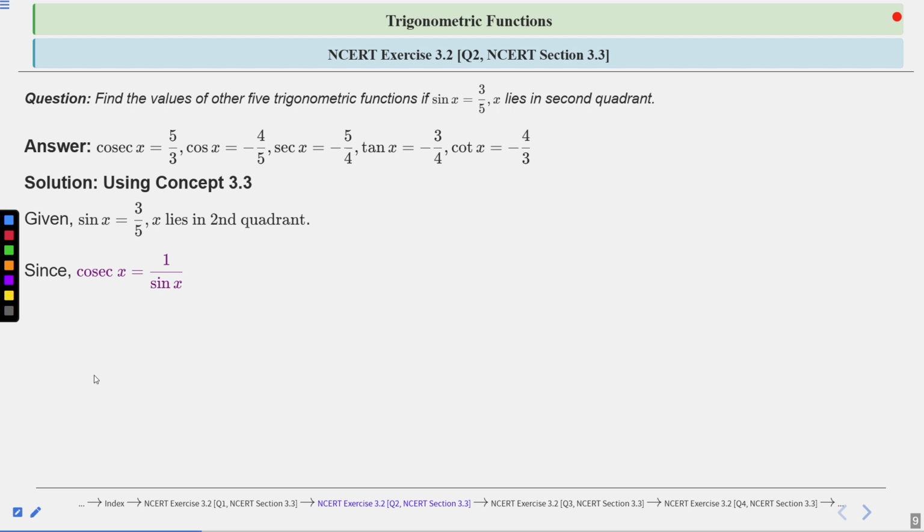Since we know that cosec x is equal to 1 upon sin x, and sin x equal to 3 by 5, therefore cosec x will be 1 upon 3 by 5. Therefore, we can say that cosec x will be 5 upon 3.